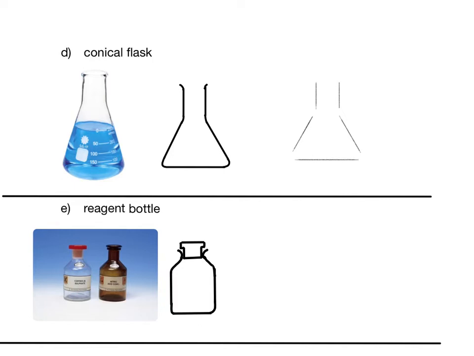Okay, and then join them together. So try not to allow any broken line. This is not a very good one, but yes, this is a conical flask.